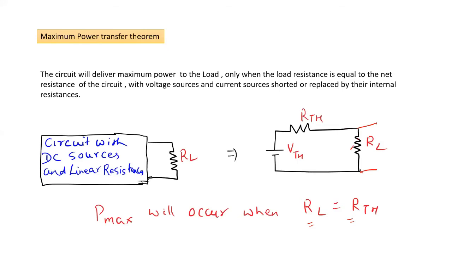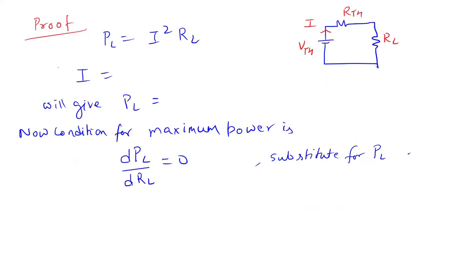We can basically connect a variable resistor as a load, and we can move it up and down so that it matches the Thevenin resistance of the circuit, and we get the maximum power. So this is a one-line statement: whenever the load is equal to the Thevenin resistance of a circuit, we will have maximum power delivered across the load. Okay. So we can basically see some proof also.